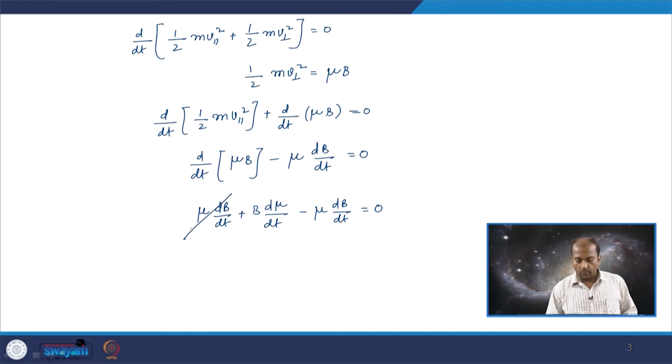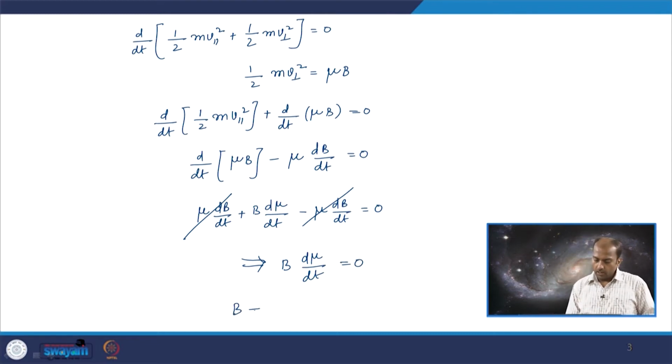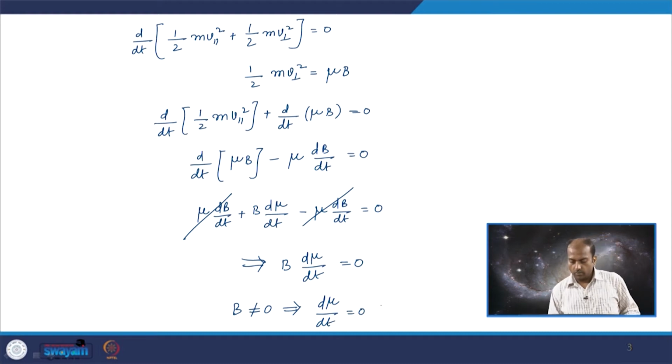So, we get rid of these two terms. We say that B times d mu over dt is equal to 0. Now, B is of course not equal to 0, which implies d mu over dt is equal to 0, which implies mu, the magnetic moment, is a constant.